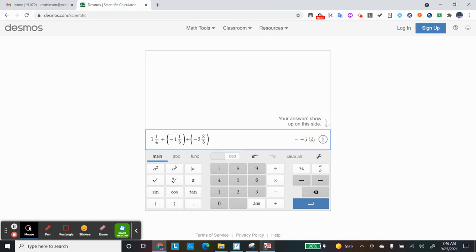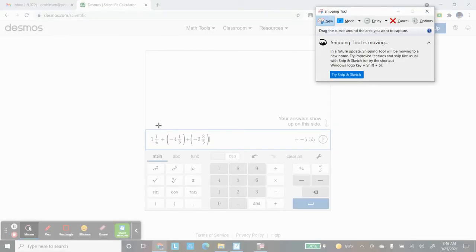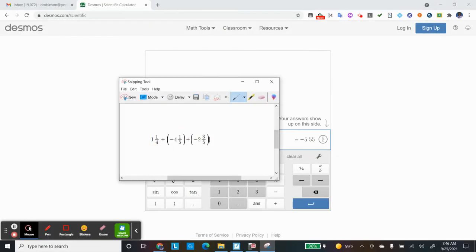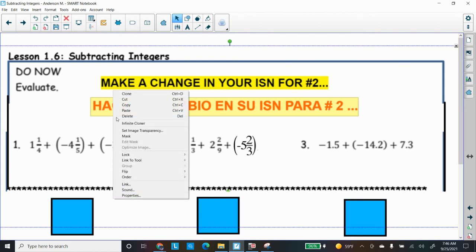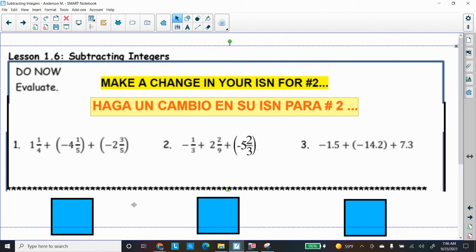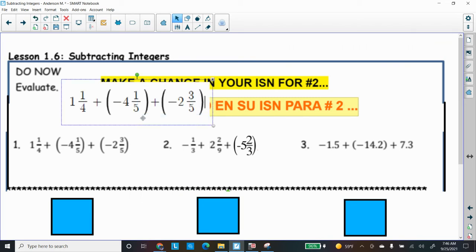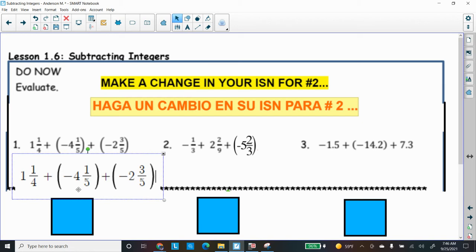So I'm going to cut this and bring it to my question page, and just to compare, make sure I got the right thing. Let me paste. And there it is: 1 1/4, negative 4 1/5, negative 2 3/5. Good, I typed it in right, so I'm good to go.